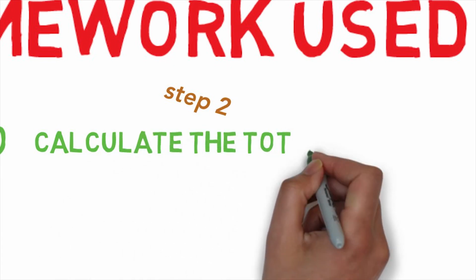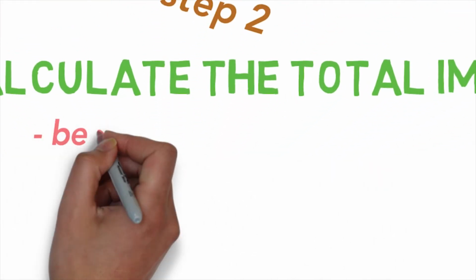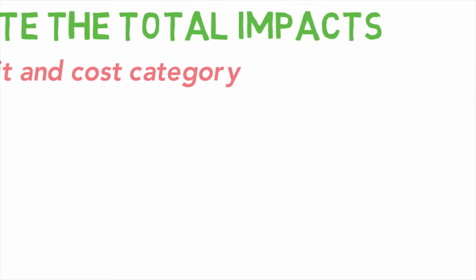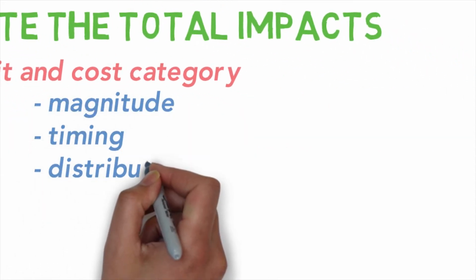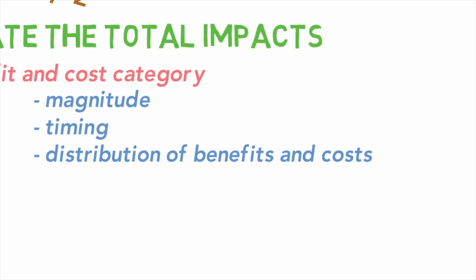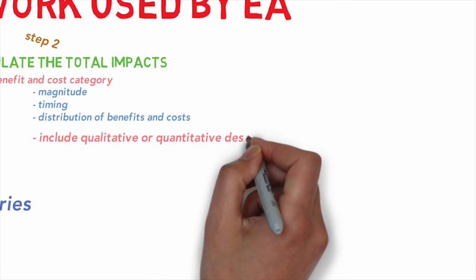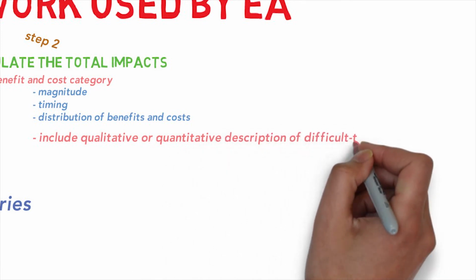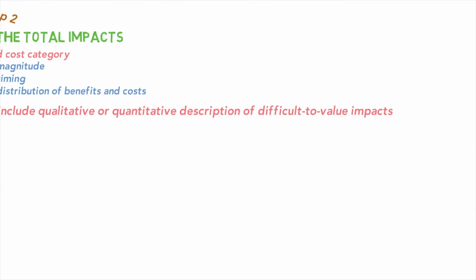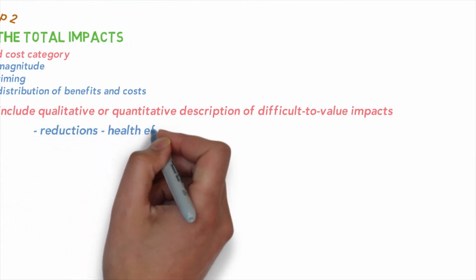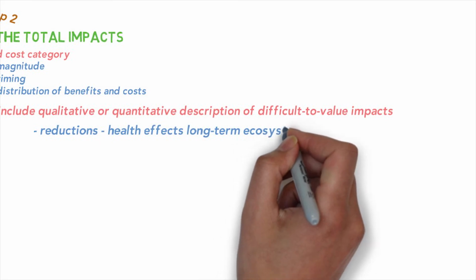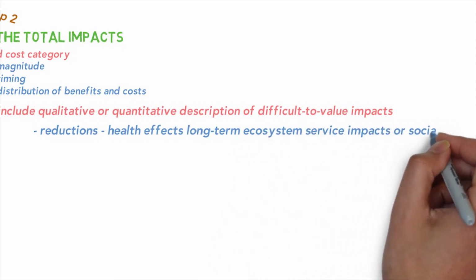In step 2, calculate the total impacts for each benefit and cost category, including the magnitude, timing, and distribution of benefits and costs. This step may include qualitative or quantitative description of difficult to value impacts, such as reductions in some adverse health effects, long-term ecosystem service impacts, or social and environmental impacts.